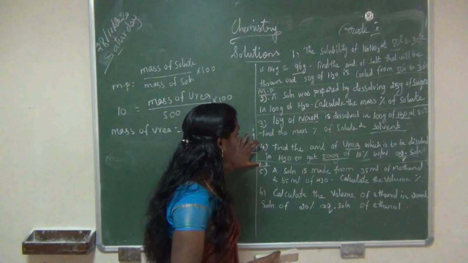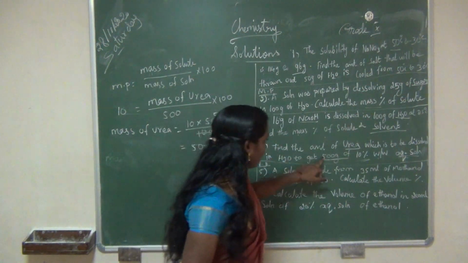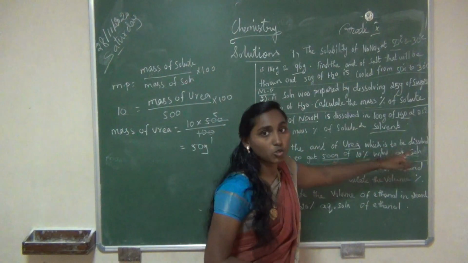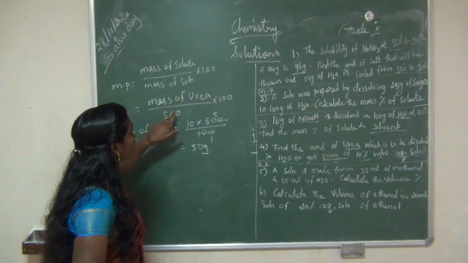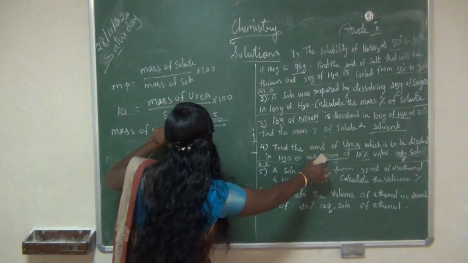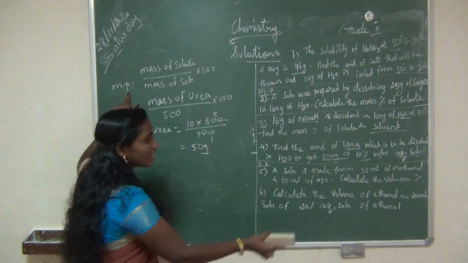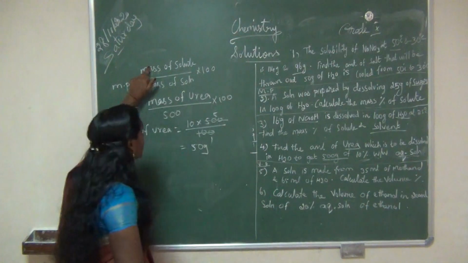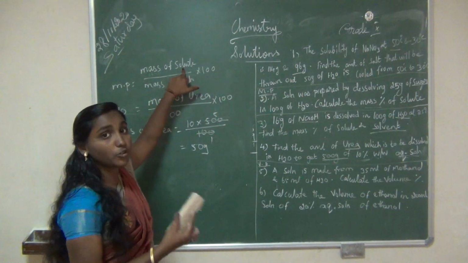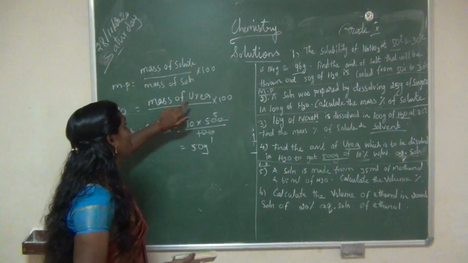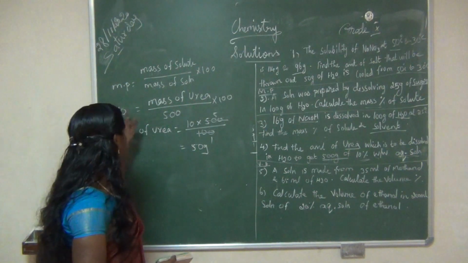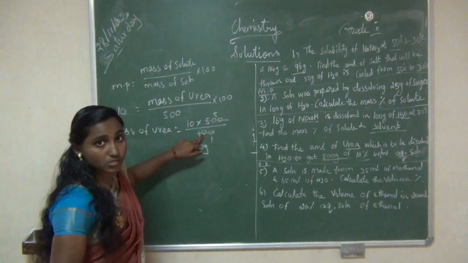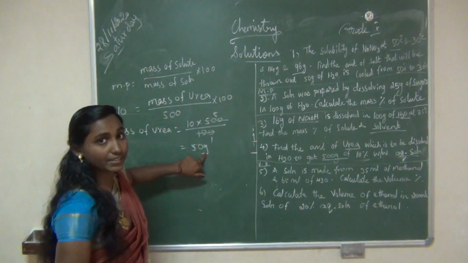But in this problem they gave directly 500 gram of aqueous solution, right? So mass of solution we should write this value, 500. Then mass percentage 10 percentage. And the mass of solute, that is mass of urea, you are going to find out. So that mass of urea you should take on the left side. Then 10 into 500 divided by this value. You will get 50 gram.